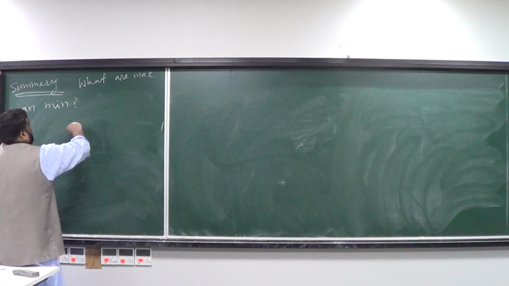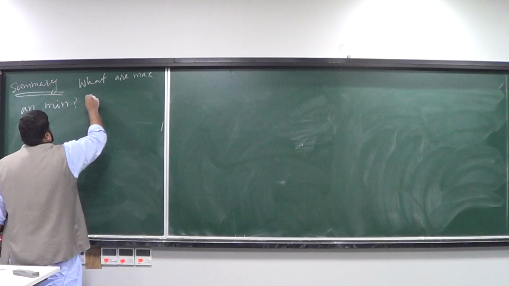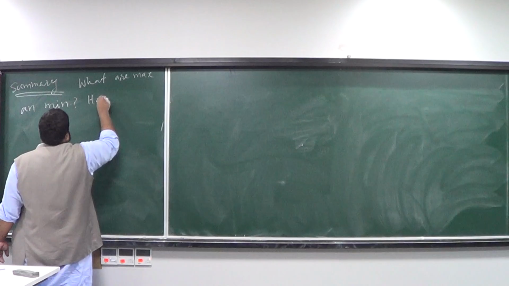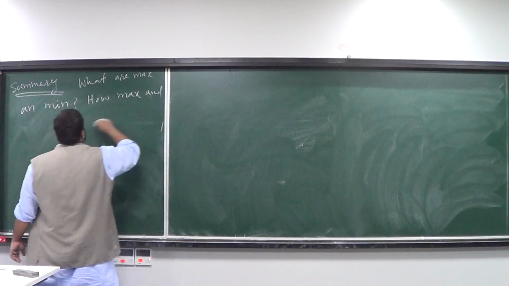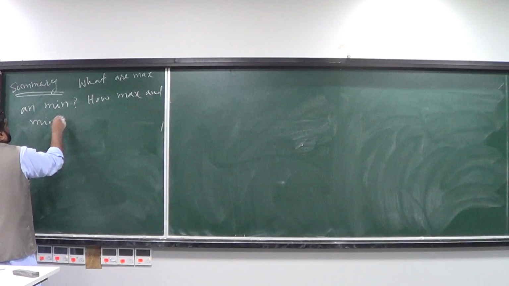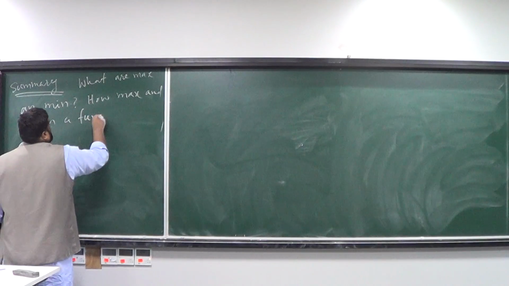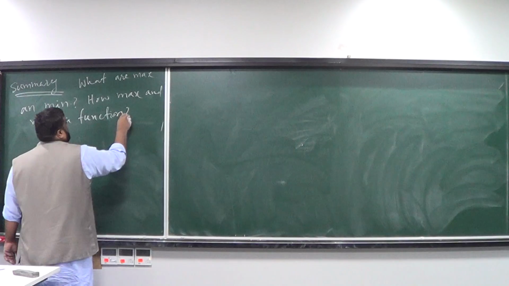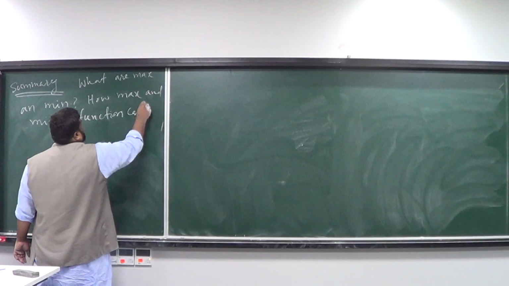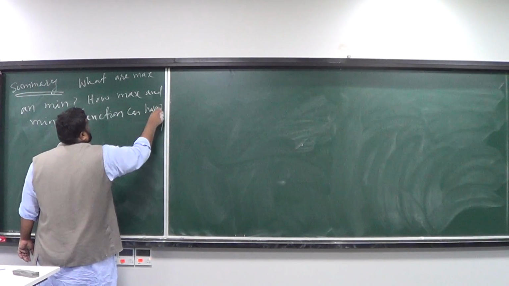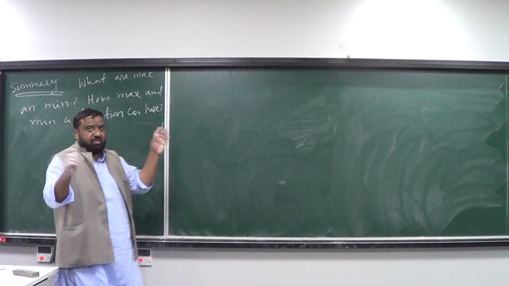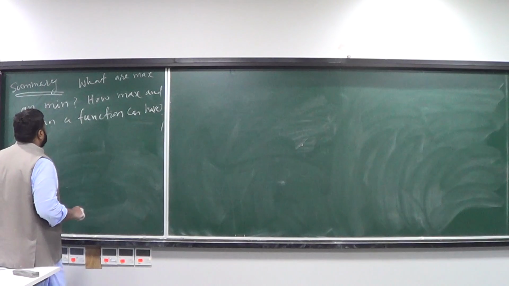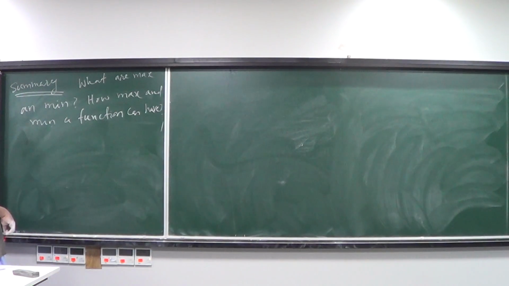How many maximums and minimums a function can have? So we should have a clear picture of this. A function can have no max, no minimum, one max, one minimum, and so on and so forth. Infinite max, infinite minimum, and so on and so forth.